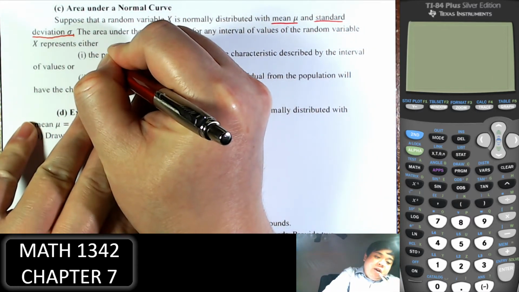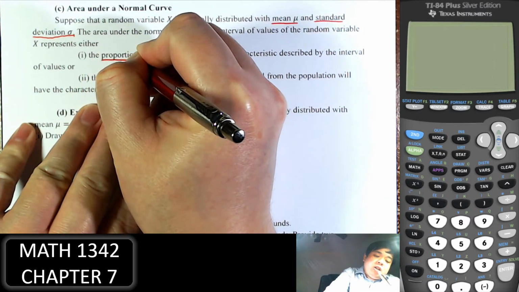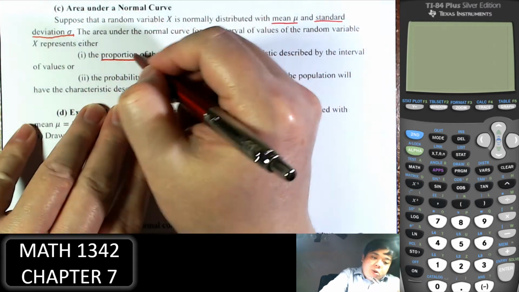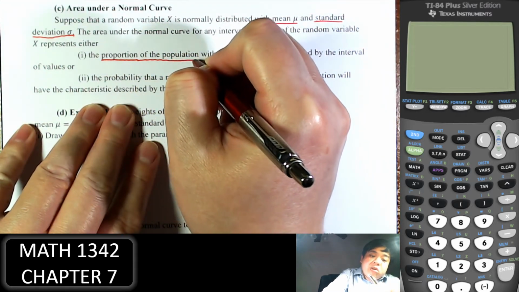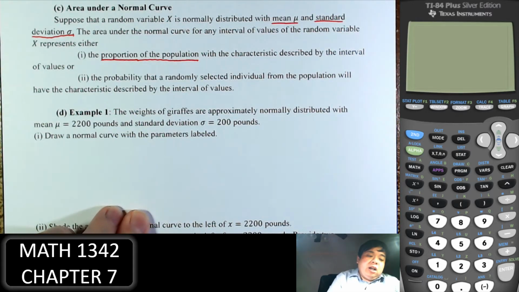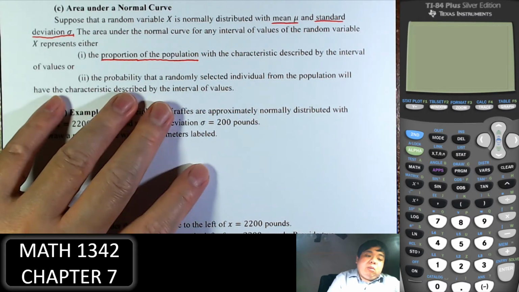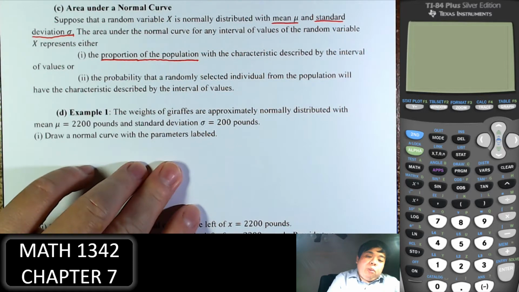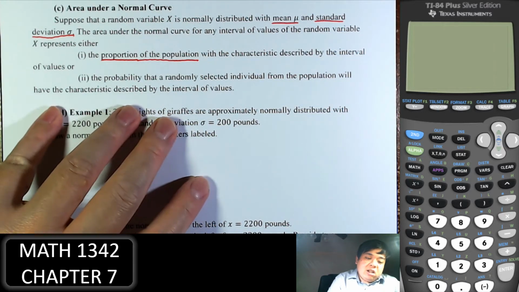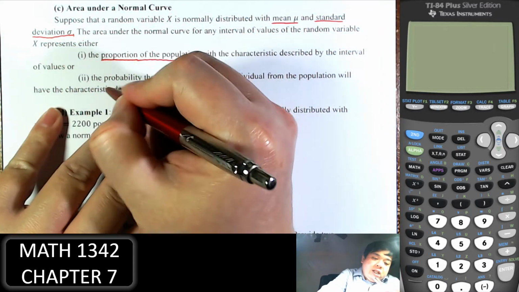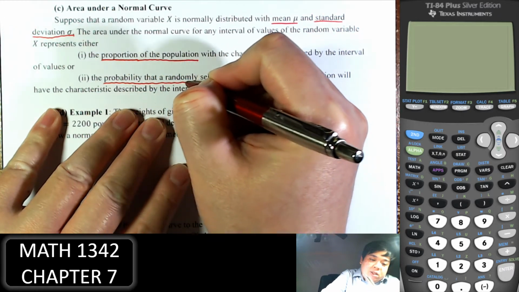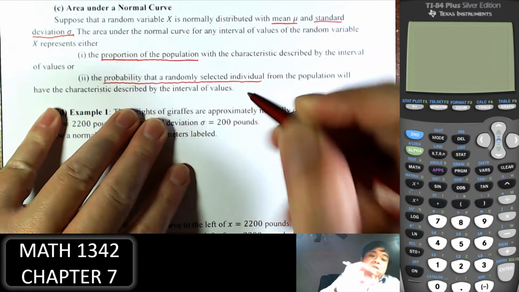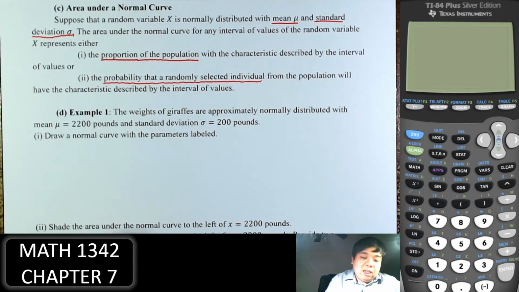So the area can be interpreted as a proportion of the population that has a certain characteristic. Another interpretation is the probability that a randomly selected individual from the population will have the characteristic described. All right, we'll see that in the next example.